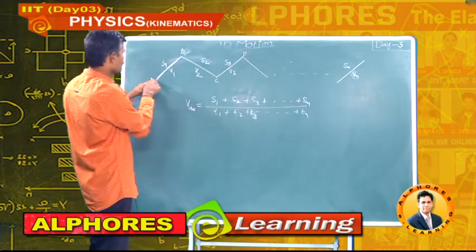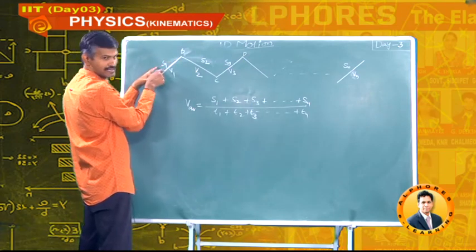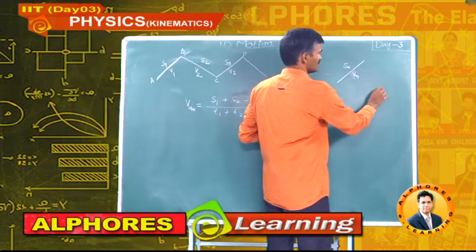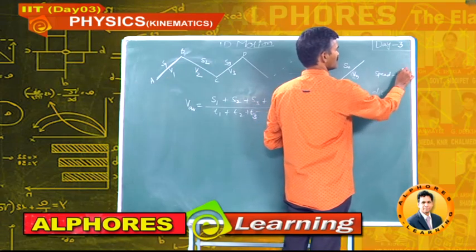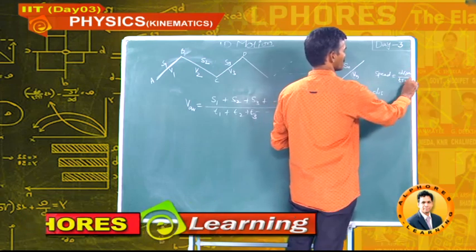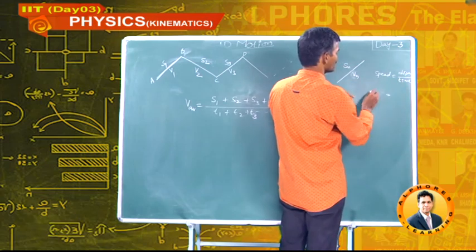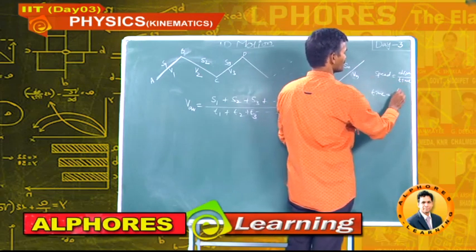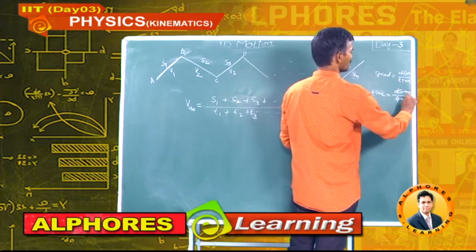For the interval A to B, we know that speed is defined as distance travelled by the body by time taken. So time taken by the body is distance travelled by the body by speed of the body.